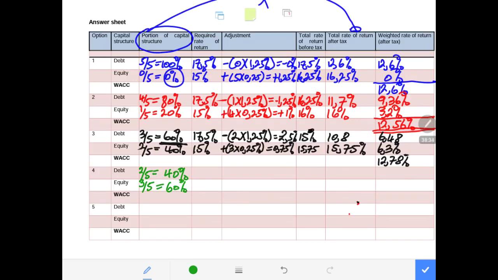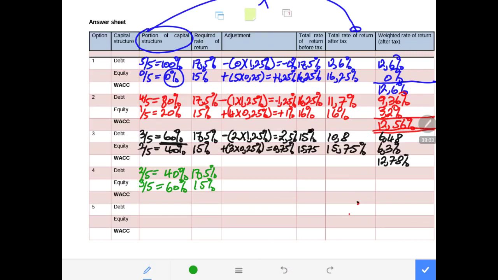Then things are turning around and they are going down, as you can see. The return on the investment still remains 17.5% and 15% before the adjustments are taken into account. Remember, if we take 2 out of the 5, meaning 2 over 5, there are 3 of the 75,000 rands that are taken through equity.